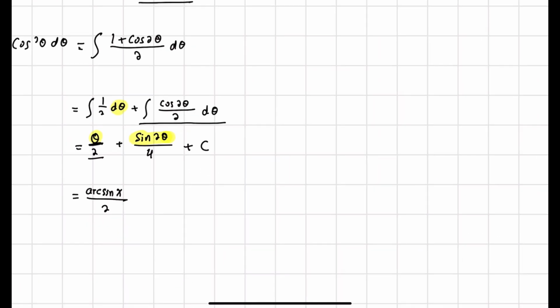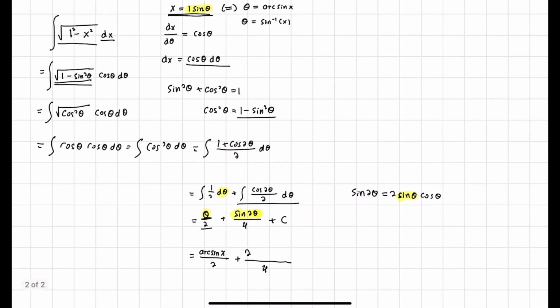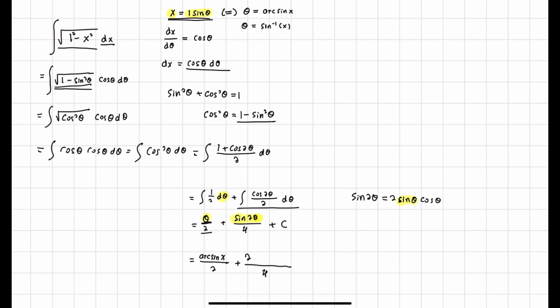Remember, sine 2 theta is equal to 2 times sine theta times cosine theta. So let's write the over 4. So 2 and then times sine theta. Sine theta is actually equal to x. So it would be 2 times x.